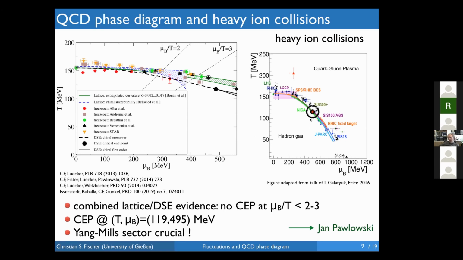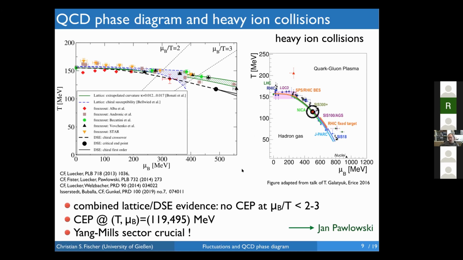And we will actually see that the improved calculations that Jan will present to us on Wednesday find a critical point roughly here at this point of the QCD phase diagram. So from the combined evidence of the functional approach, there's actually also one from the functional renormalization group, our prediction would be that the critical endpoint exists and is somewhere in this region.